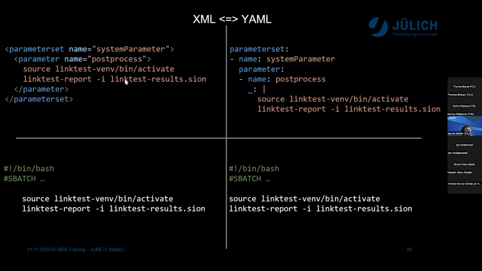So if you post-process, for example, something that will end up in your SPatch script, if you write something like this and you indent it so that it is kind of correct for the XML, well, guess what? The indentation is taken literally and will go into your SPatch script.